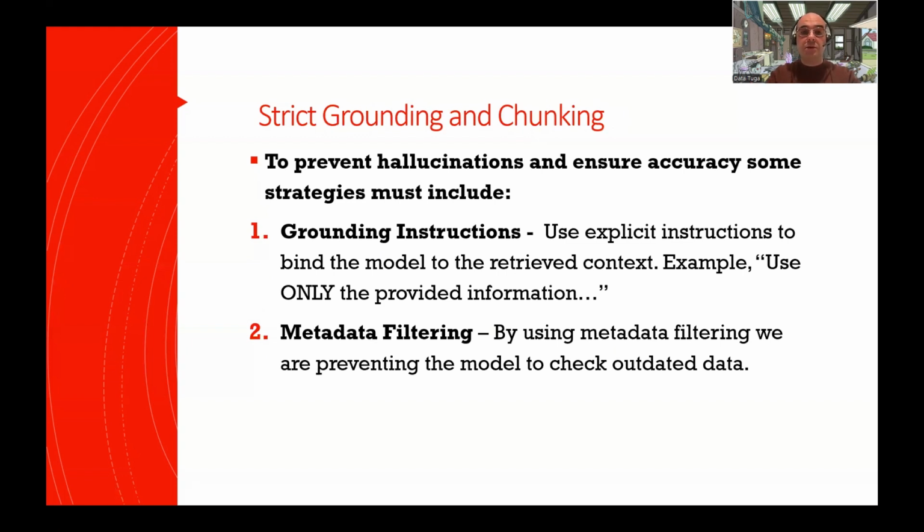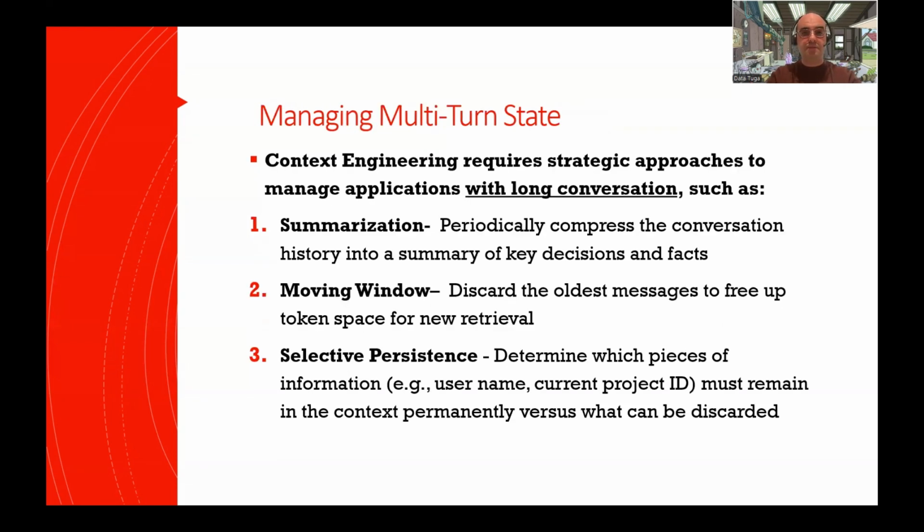In this topic, Databricks presented that we should stick to grounding and chunking so we can get better accuracy and avoid hallucination. So a grounding instruction should be something like use only the provided information, and we could also use metadata filtering. So for example, using the Databricks Unity Catalog to filter the data, so we don't provide older data that is outdated.